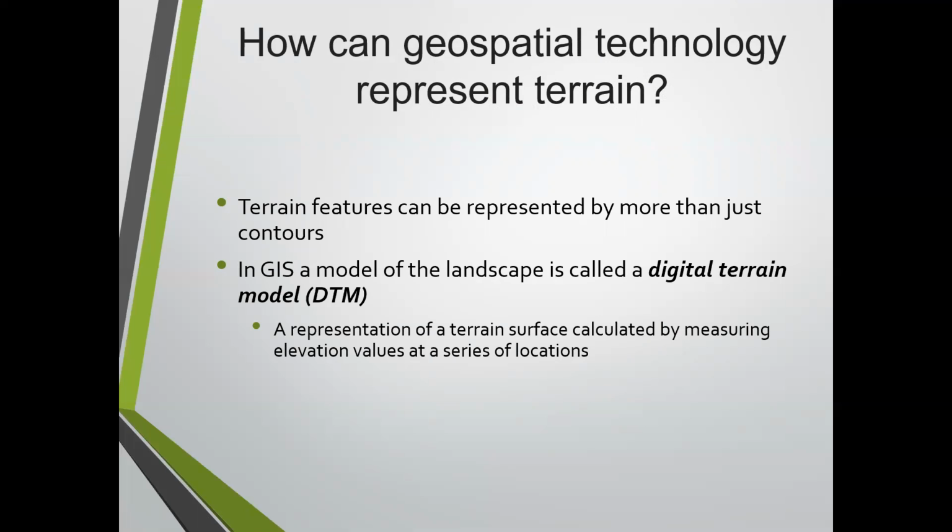But by taking digital information, we can represent that terrain surface by measuring elevations at selected points. And we can do that in one of several formats. A lot of times people use grids, or you can use what's called a controlling point method.